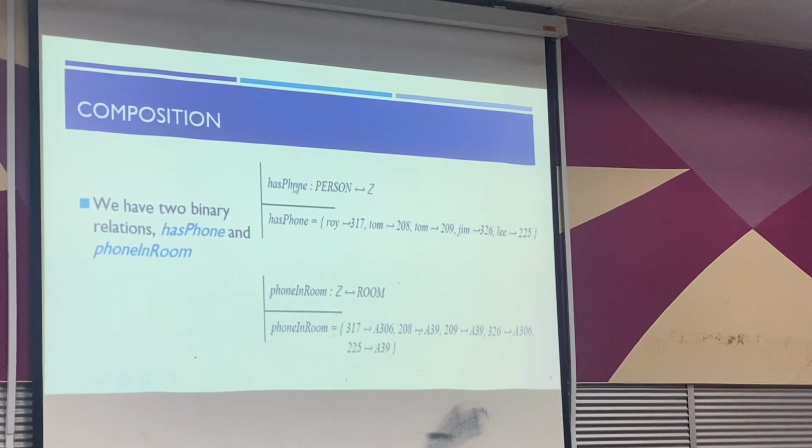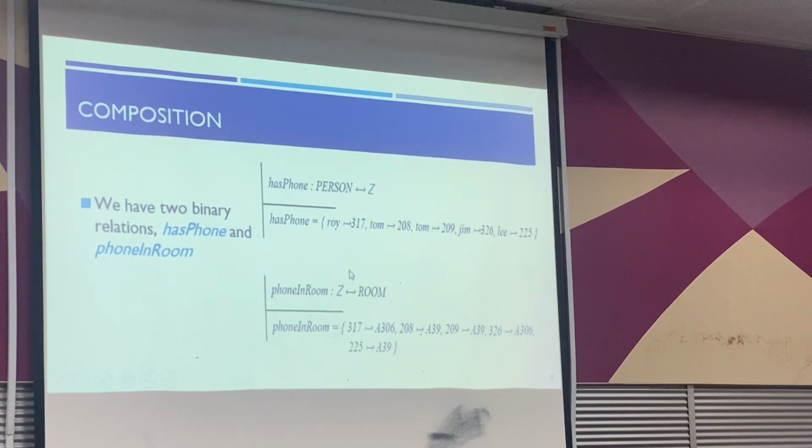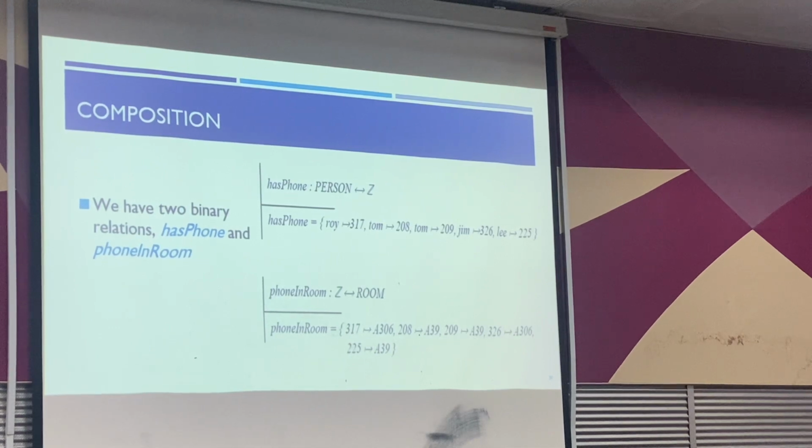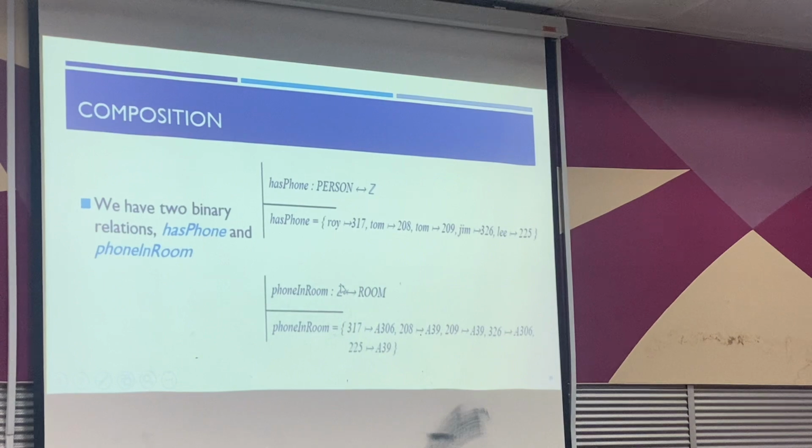Then I have has phone, from person to Z, and then phone in room, from Z to room. This means that if the range of the first relation and the domain of the second relation match, the same type, you can do composition.